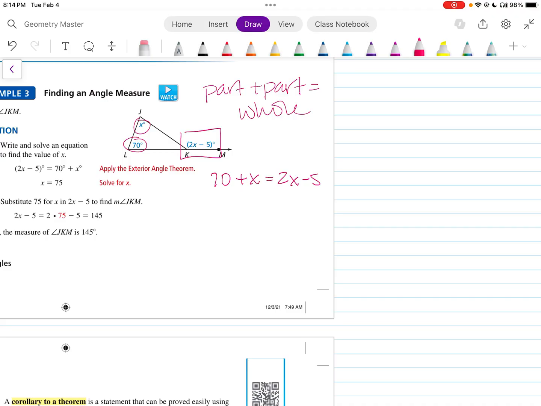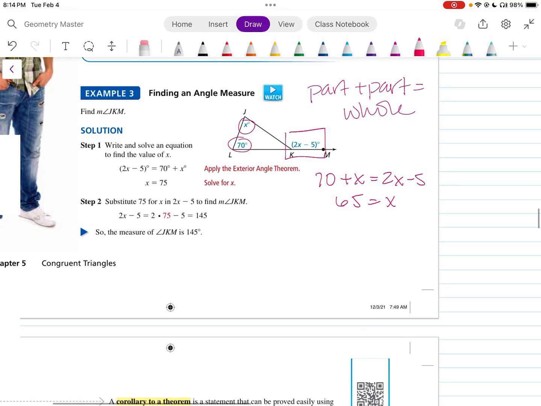Let's add 5 to each side and subtract x from each side, and we'll get x equals 65. So x is 65 degrees. Ooh, 65. 75. I better do it one step at a time so I don't make a mistake like that. Add 5 to each side, subtract x from each side, 75 equals x. So x is 75.